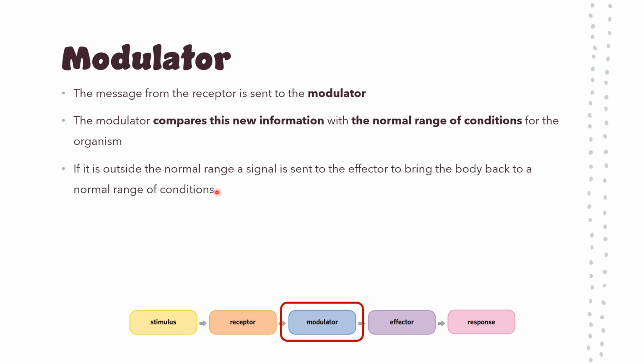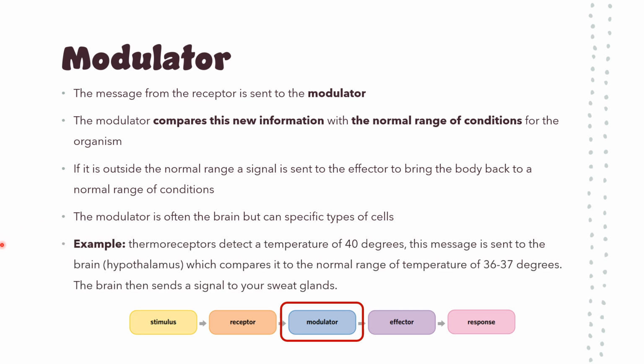If the modulator detects that this message detected by the receptor is outside the normal range, it will then send another signal to the effector, and this is to bring back the body or the organism to that normal range of conditions. For the most part, the modulator is the brain, but it can also be specific types of cells or specific tissues, or a different organ, but for the most part it is the brain.